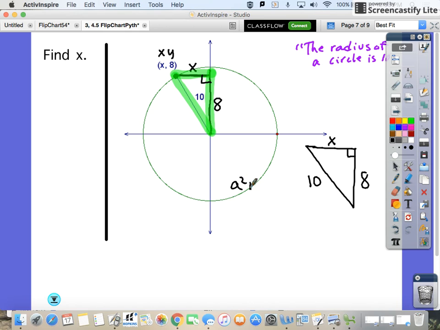So normally we go a squared plus b squared equals c squared because it's a right triangle. A we'll call 8 squared plus b we'll say is our x, this x right here. And that's equal to 10 squared.